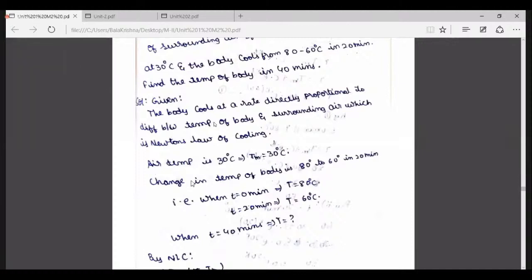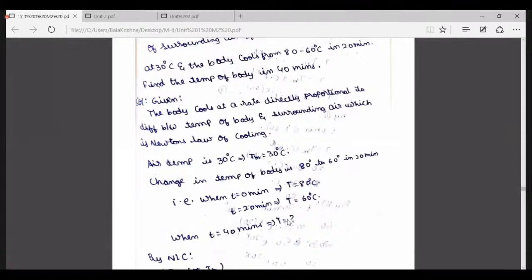Okay, and you are also given the change in the temperature of the body from 80 degrees to 60 degrees in 20 minutes. That means when time is initially 0, the temperature of that object was 80 degrees. After the time changes to 20 minutes, the temperature of that object has decreased to 60. Here time is increasing, the temperature of that object is decreasing, so we'll go for minus k as the proportionality constant.